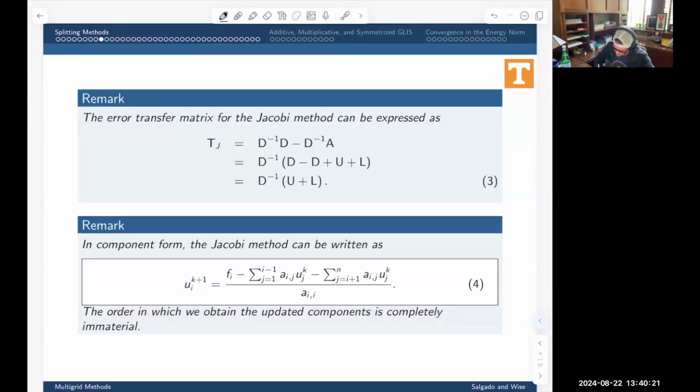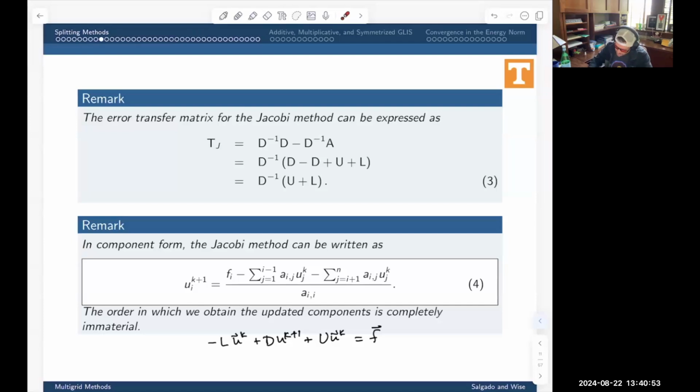I'm going to start with the iteration scheme in a slightly different way: minus L U^k plus D U^(k+1) plus U, capital U, U^k equals F. That's an entirely equivalent way of writing the Jacobi method.